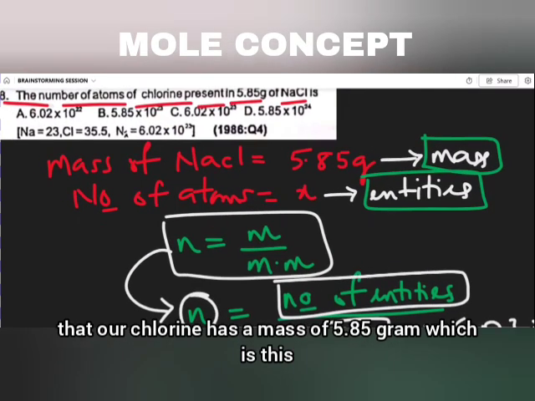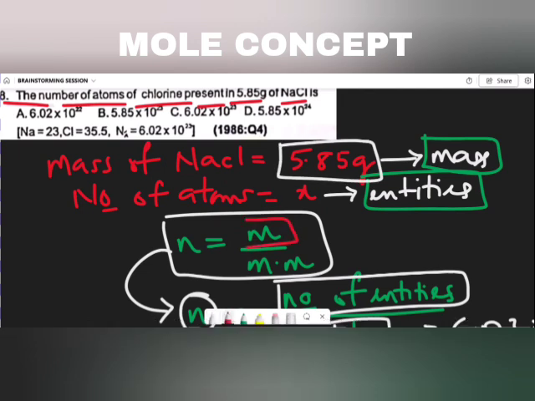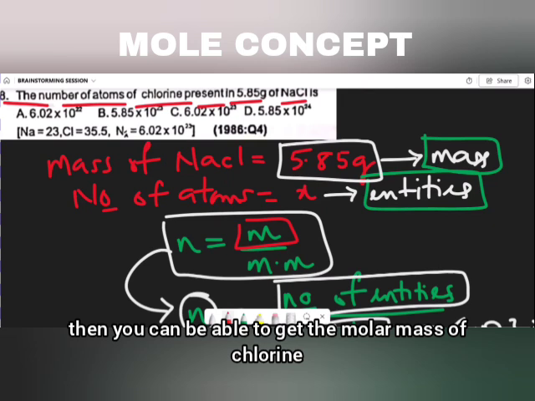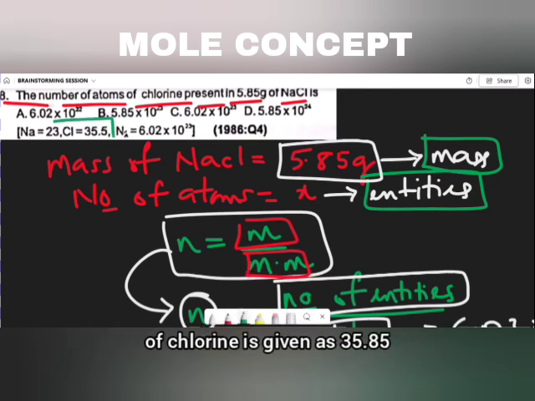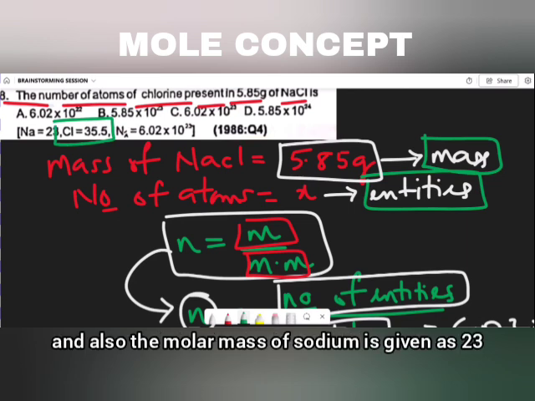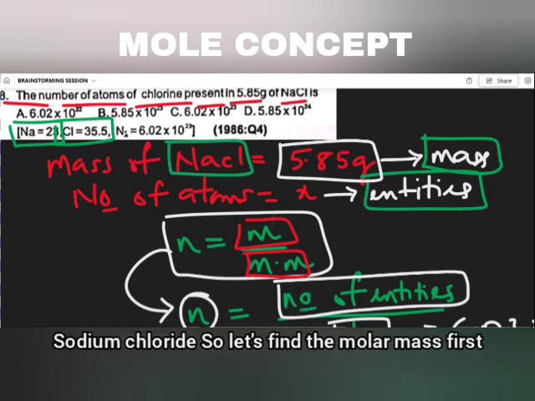Since we are given that our sodium chloride has a mass of 5.85 grams, then we are able to get the molar mass. If you look at the question, the molar mass of chlorine is given as 35.5, and the molar mass of sodium is given as 23. So let's find the molar mass of sodium chloride first.